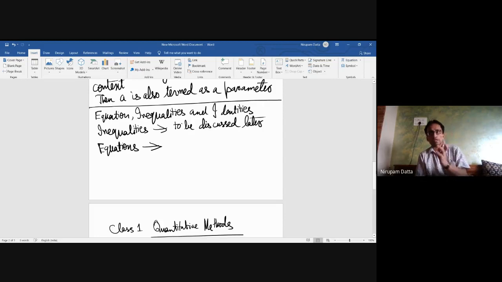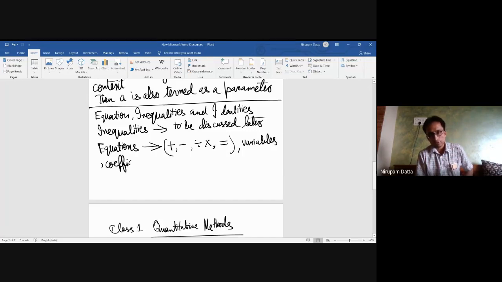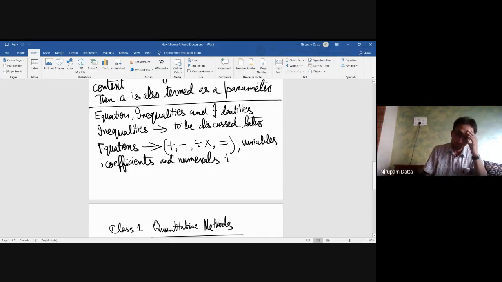Equations use mathematical symbols and certain signs, that is plus, minus, division sign, multiplication sign, then the equal to sign. So it uses basically these signs, then variables, coefficients, that is parameters, and numerals to establish relationships between different economic variables of interest.